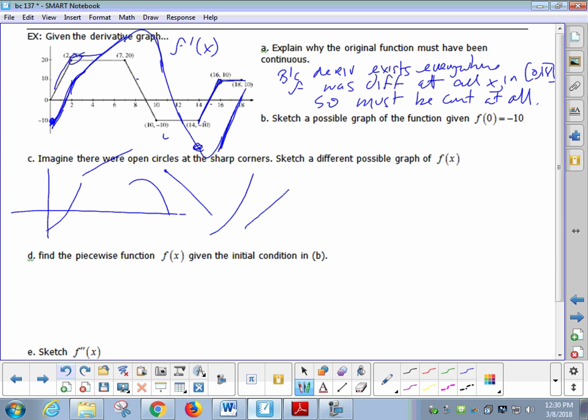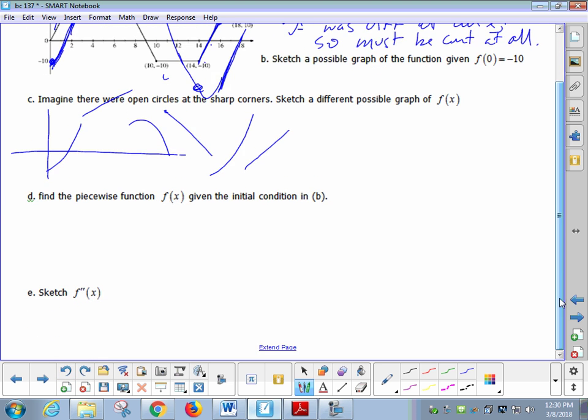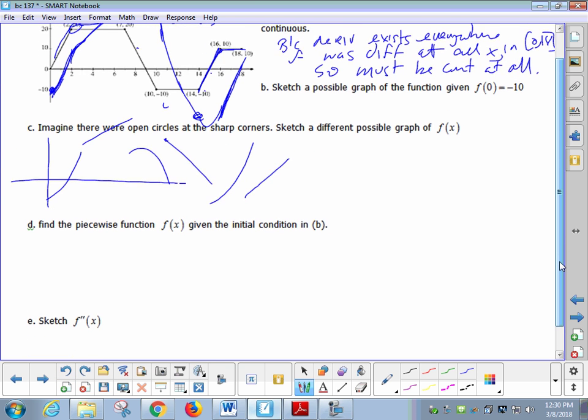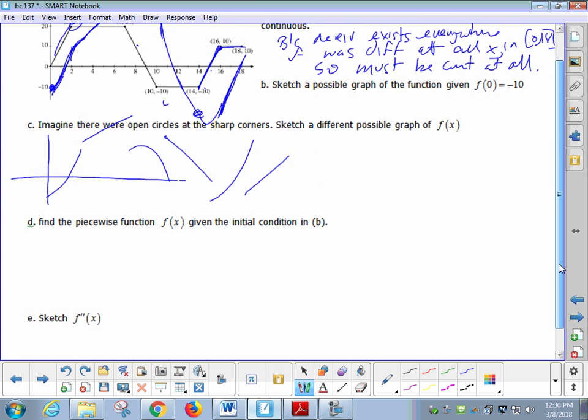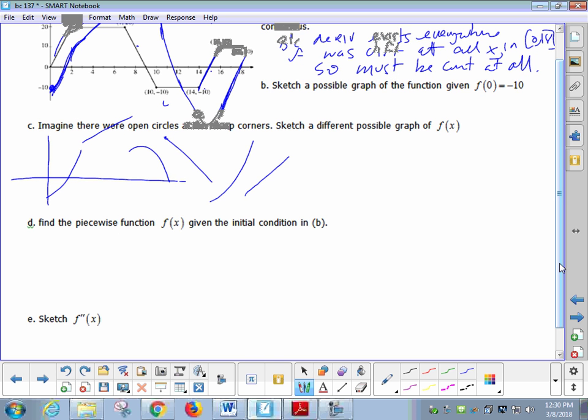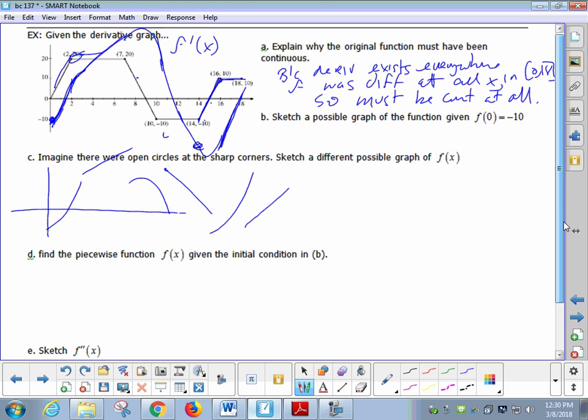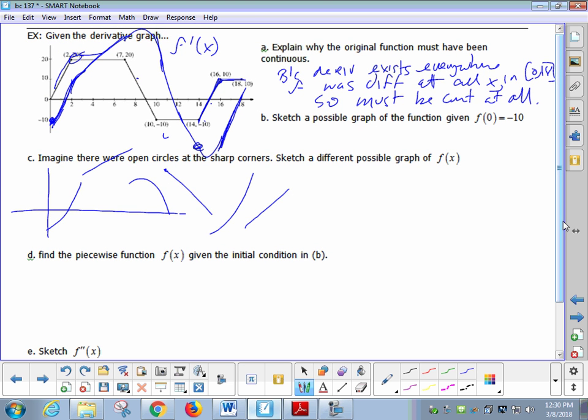All right. Find the piecewise function given the initial condition in B. So this is the hardest part. People anti-differentiate piecewise badly, especially when you're given an initial condition. So we know, or we can find, let's go with here. Let's write the derivative equation, please.